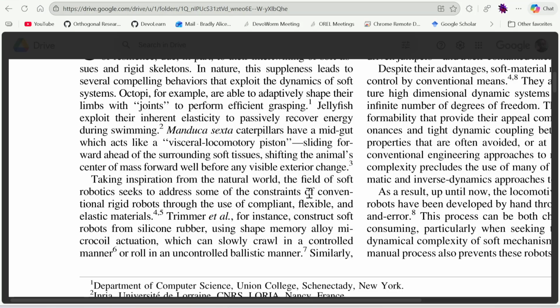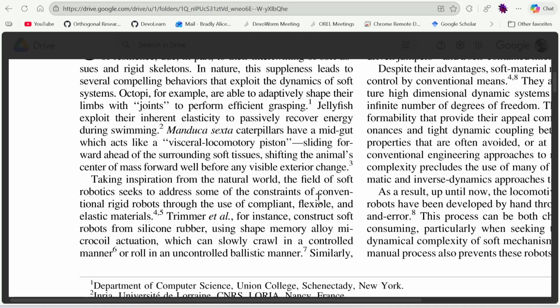Taking inspiration from the natural world, the field of soft robotics seeks to address some of the constraints in conventional rigid robots through the use of compliant, flexible, and elastic materials. Compliant materials are things that give in response to forces. They don't shatter, they don't lose their function, they blend in with the forces of the world.